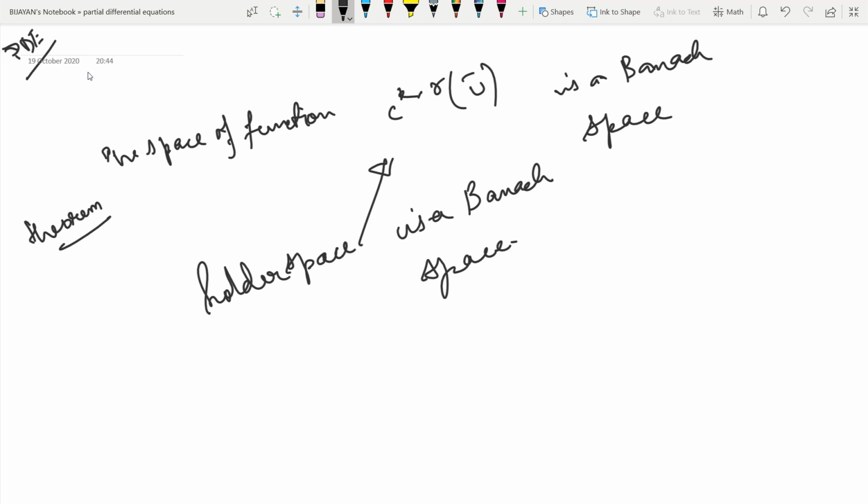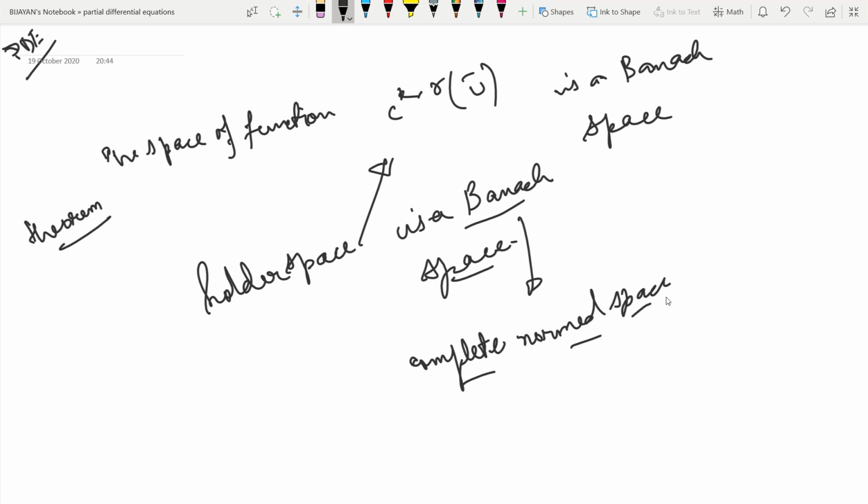A Banach space is a complete normed space. Everyone knows what a normed space is, a space on which a norm is defined. Norm is an inner product type thing. If a space has an inner product, then it is a normed space. Going from inner product to norm is simple: the inner product of x with x, with the root taken, is the norm.